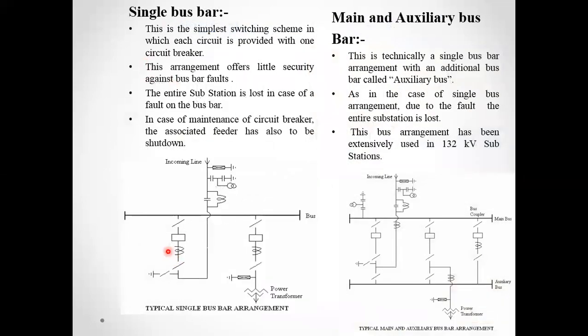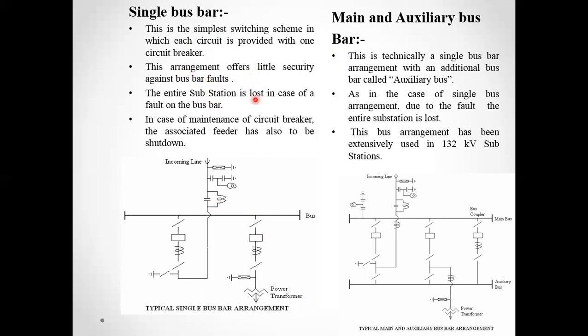This diagram shows the single bus bar arrangement. It is the simplest switching scheme, in which each circuit is provided with one circuit breaker. Here you can see the incoming line and the power transformer. This arrangement offers little security against bus bar faults.